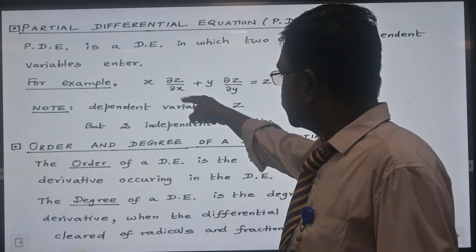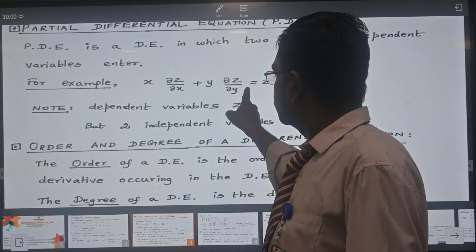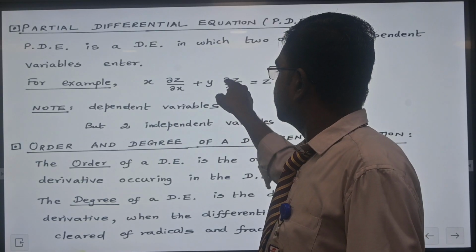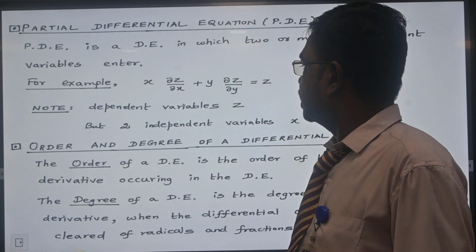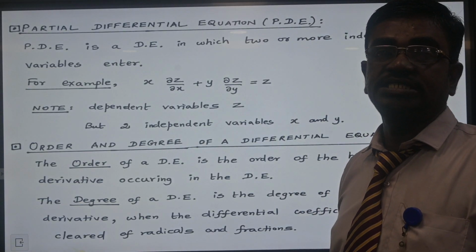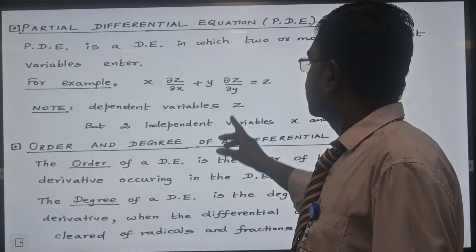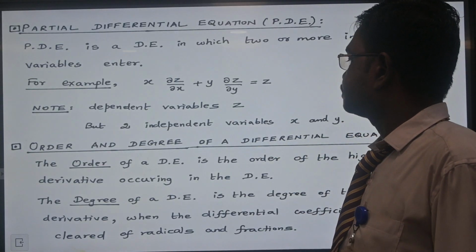So two independent variables enter this equation. This symbol, dou, is referred to as partial differential. So x dou z by dou x plus y dou z by dou y equal to z is an example of a partial differential equation. Here the dependent variable is z, and the two independent variables are x and y.